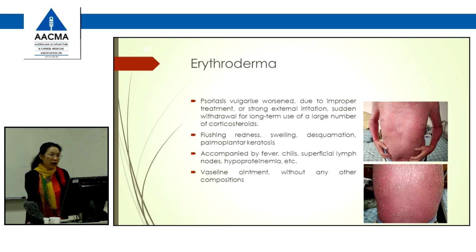So if you have a psoriasis patient, do not use any strong medication at the very beginning. You can use some gentle medication at first to avoid this kind of consequence.